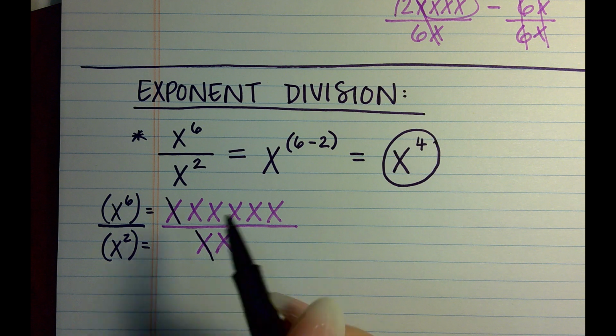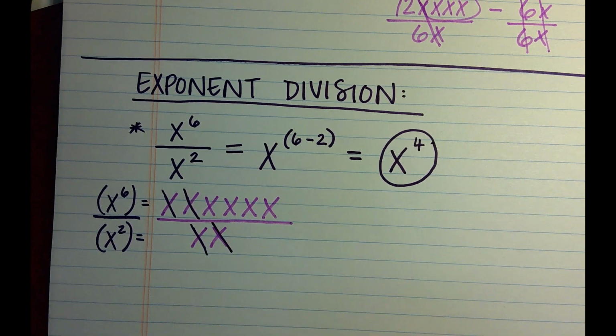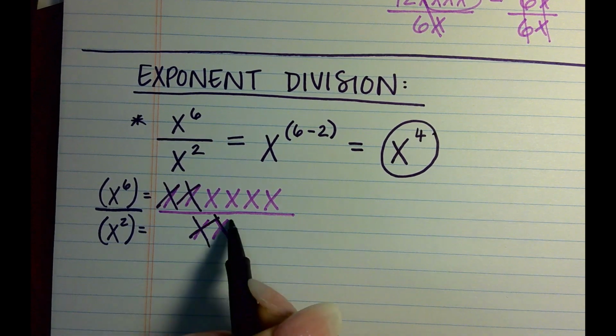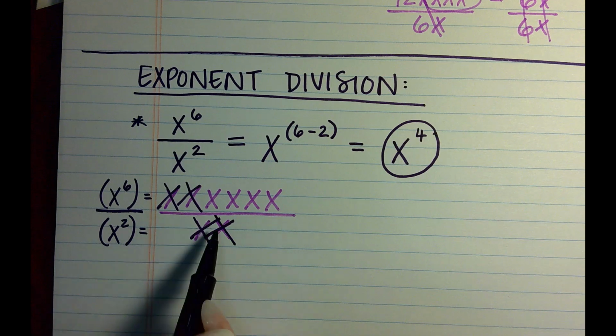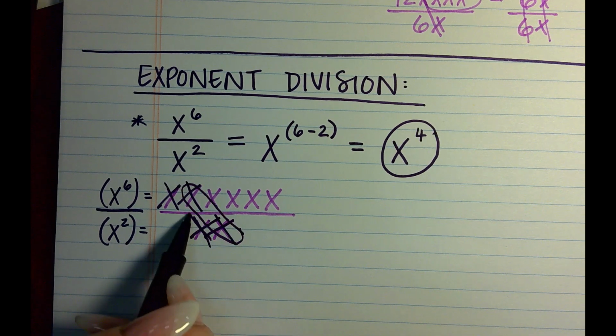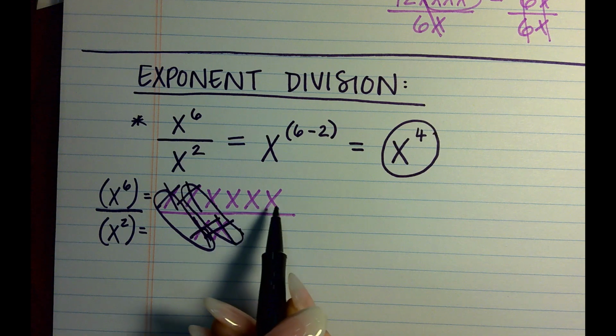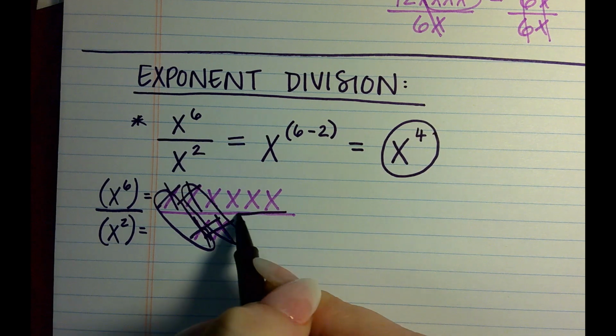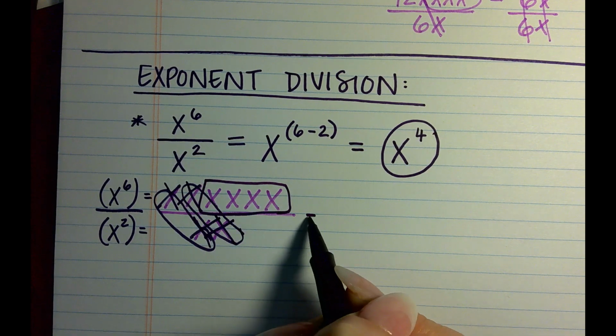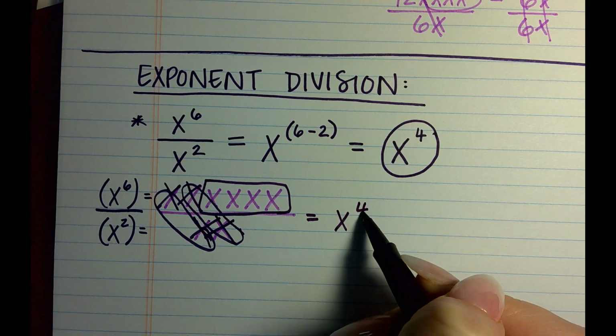Cross them out. 1 x on top, 1 x on bottom. Cross them out. So these cancel. And how many is left? 1, 2, 3, 4. There are 4 x's left. You'll get the same answer.